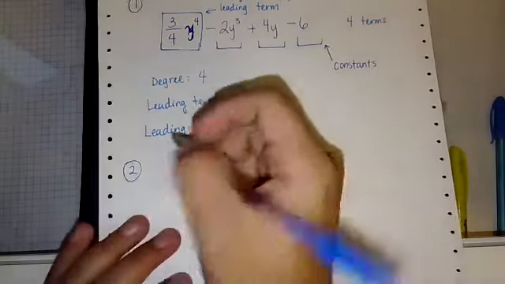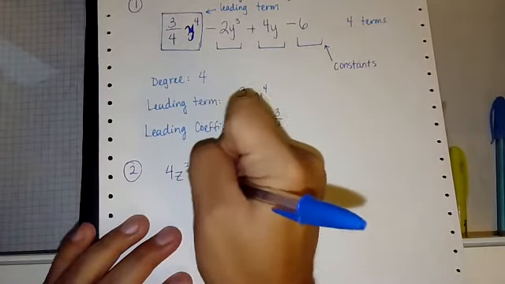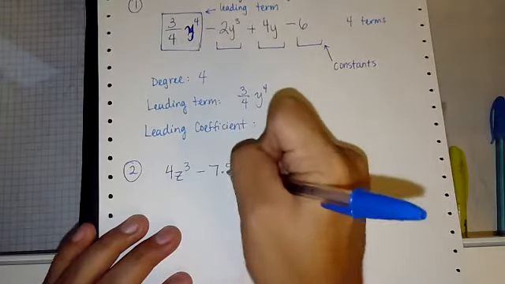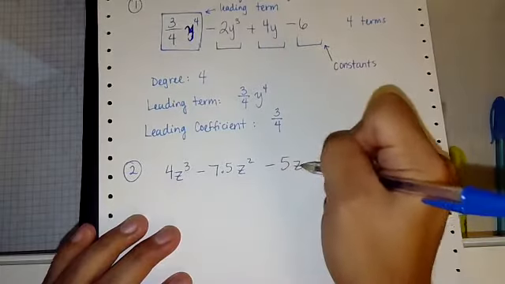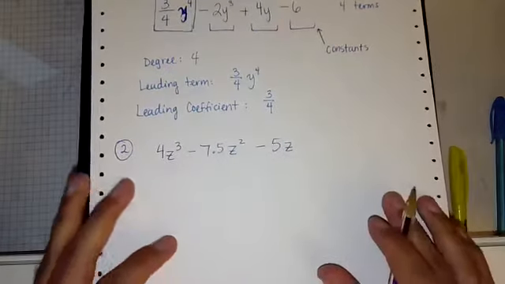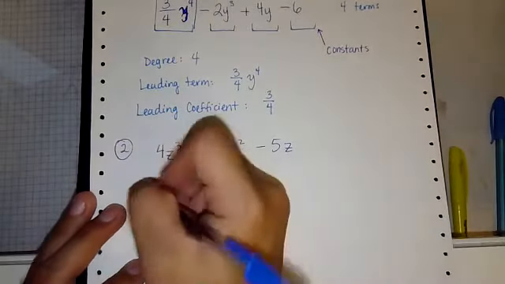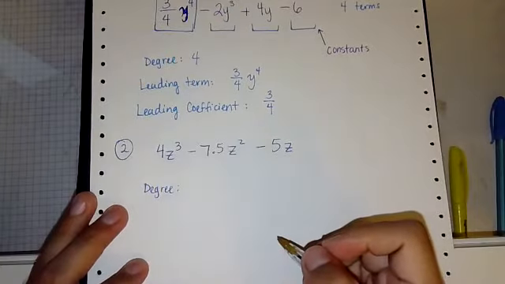So let's look at this one. And we have 4z to the 3rd power minus 7.5 z to the 2nd power minus 5z. Okay. So what is the degree of this polynomial? 3.